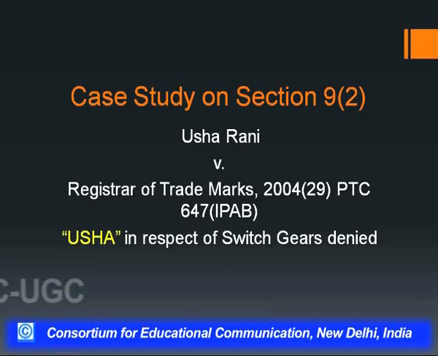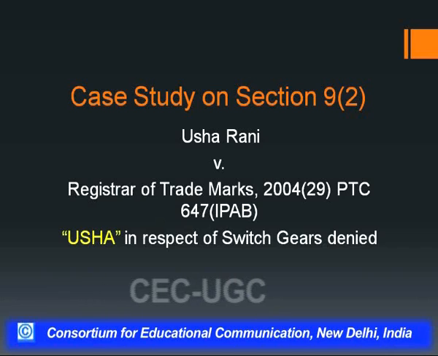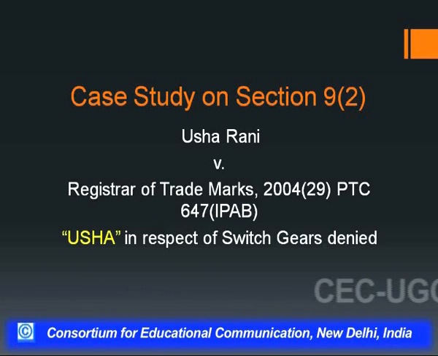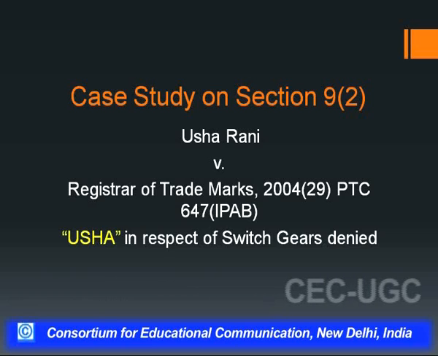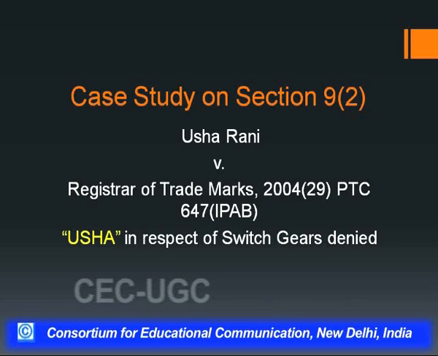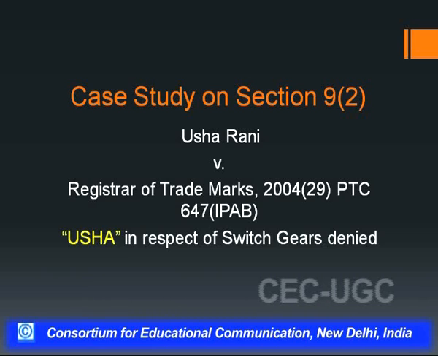So in this case study, friends, the infringer wants to use Usha as a trademark on switch gears, which are also electronic goods. But the Usha trademark has been owned by the plaintiff for so long, and it is a reputed trademark. Everyone, or the maximum segment of the public, knows that Usha sewing machines and Usha fans come from the source which is a manufacturer of Usha fans and Usha sewing machines.